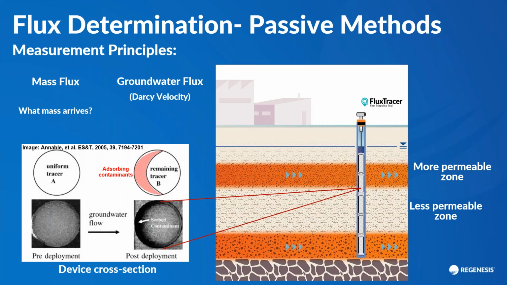And at the same time, we've got these groundwater tracers, or these soluble alcohols, is what they are. They're leaving at some rate that we understand, and that's what we're going to use to figure out what our groundwater flux is. You can see what's going on here in the cross section of our device.